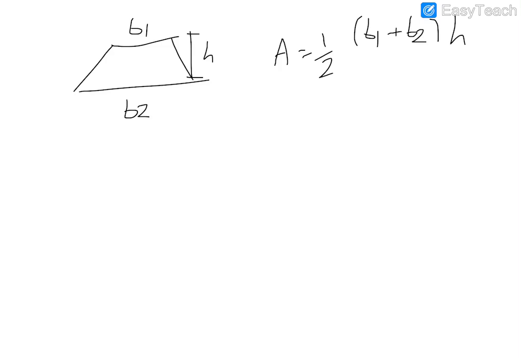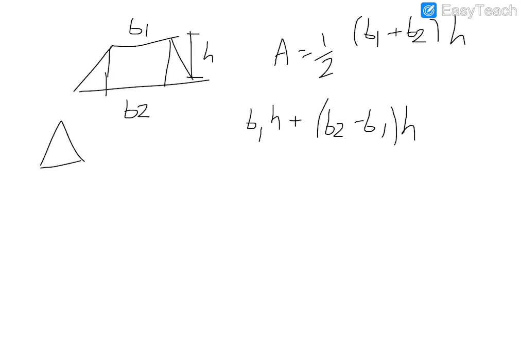And I guess you can sort of prove this by pretending that this is a rectangle, cut it out there, so that would be B1 times height, plus, take the two remaining sides, turn it into a triangle, so that would be (B2 minus B1) times height divided by 2, because of the area of a triangle.